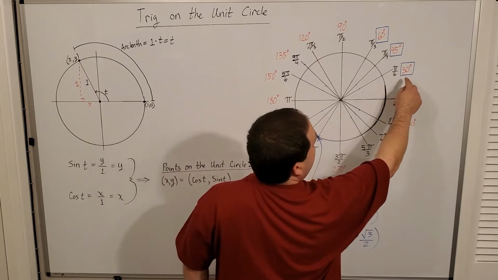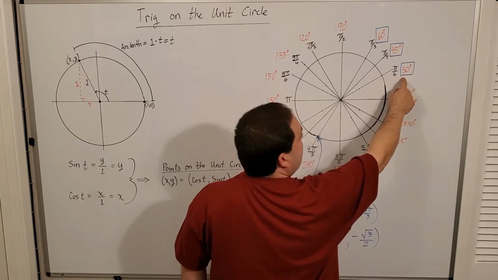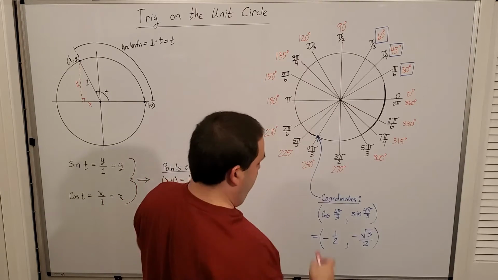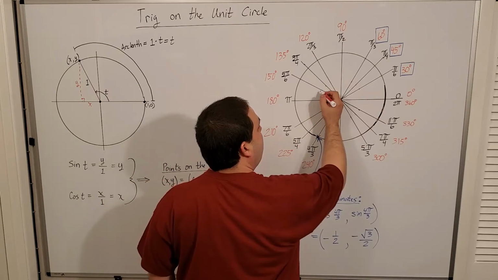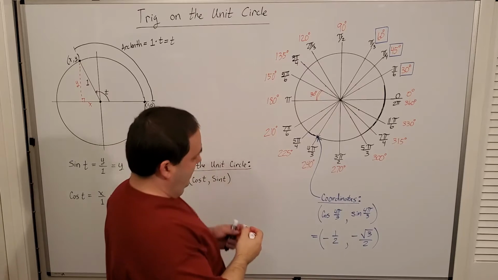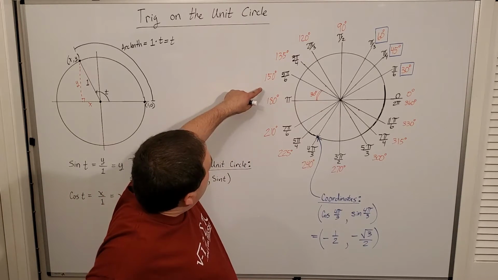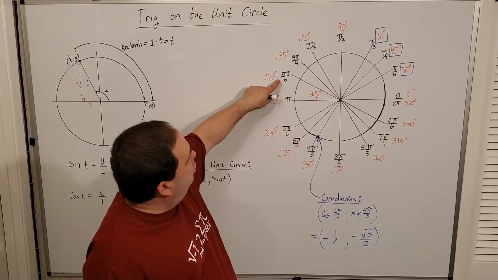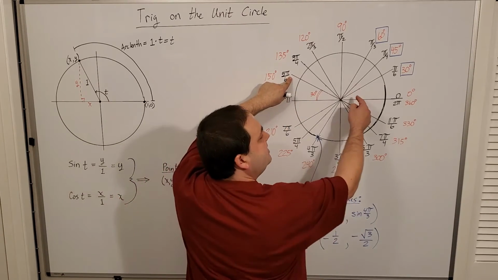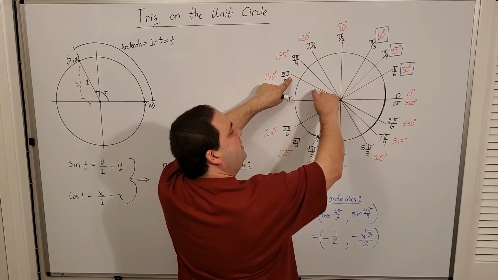So I've got the 30 degree angle, but let's say I want to apply it to quadrant 2. The physical angle right here is 30 degrees. But notice it's actually labeled 150 degrees on this line because that's the angle from standard position.